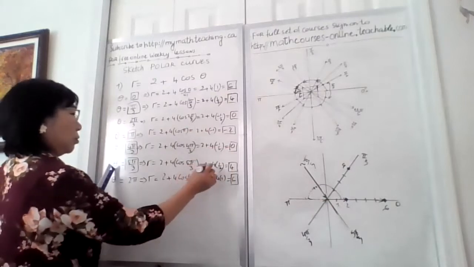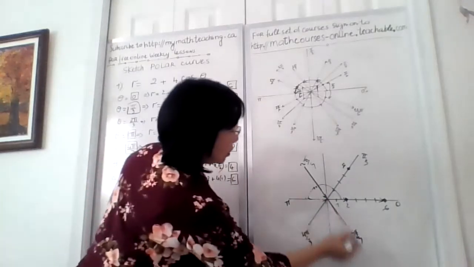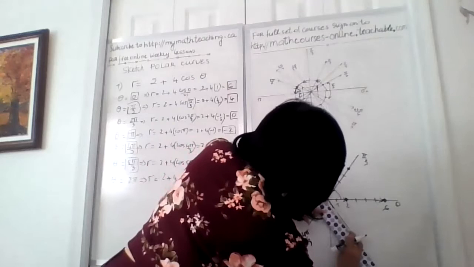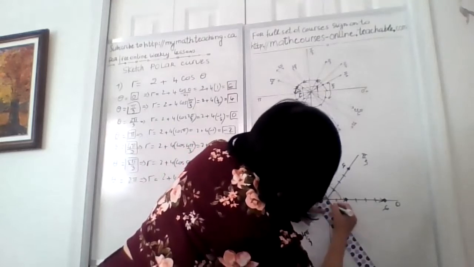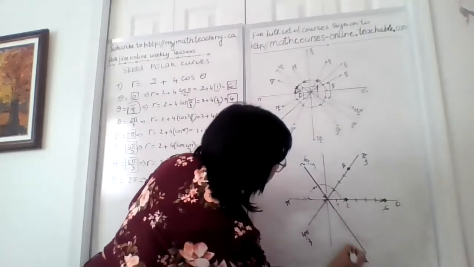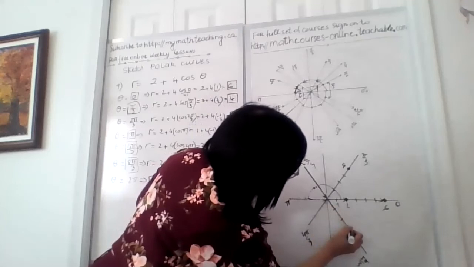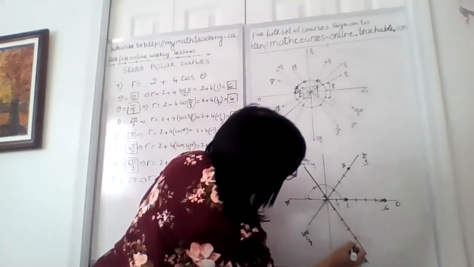Now theta equals 5 pi over 3, we go to 4. So this is the line, right? We're going to mark this for 4 units. So at 5 pi over 3, going to mark 1, 2, 3, 4.